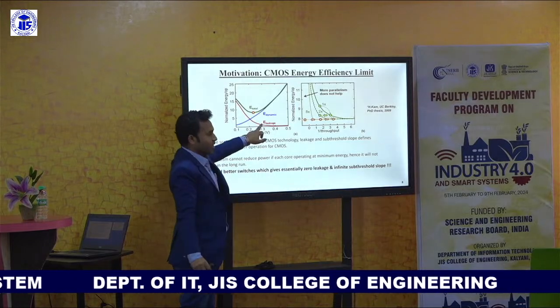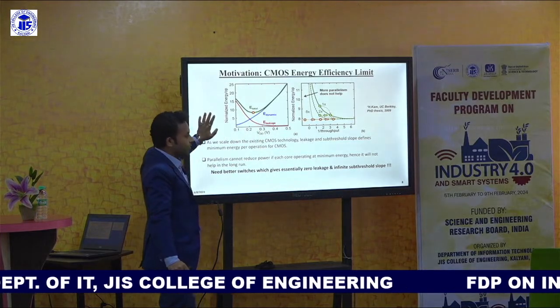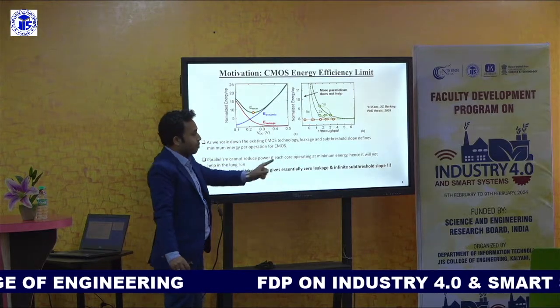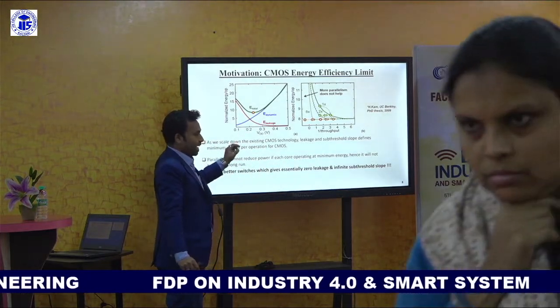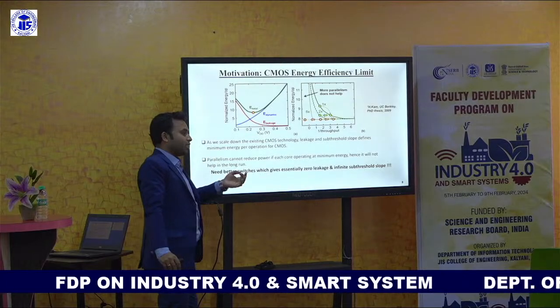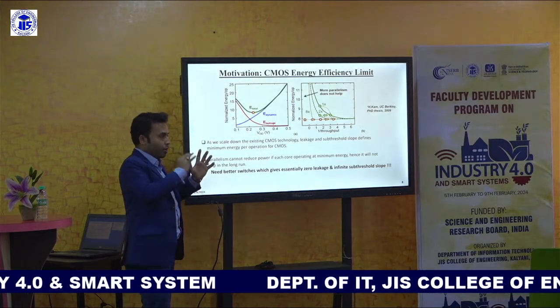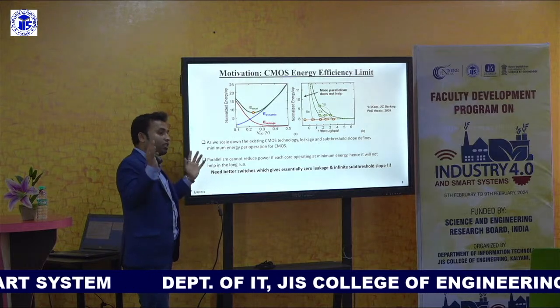So in the case of traditional CMOS technology, everything is off, but still the off-state current will always be there, even though it is in picoamperes. But in your chip, you are dealing with trillions of transistors.